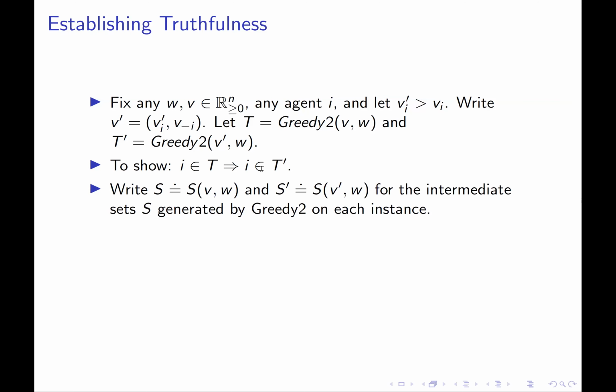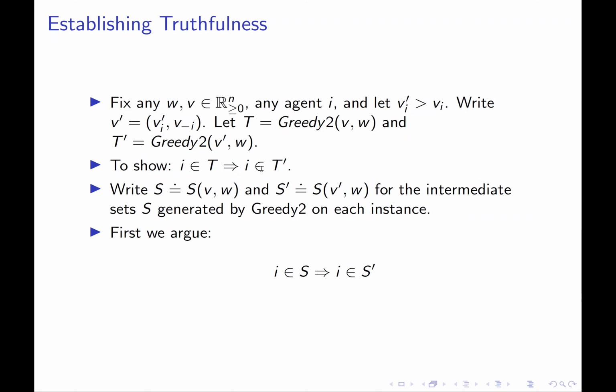Remember, the solution actually output at the end, T, doesn't have to be the same as S, because the last step of our algorithm decides to either output this set S or to output this singleton set containing the highest bidder. But I want to talk about these sets that are maintained in the algorithm, and S will be the name of the set that's maintained when bidder I reports truthfully, and S prime will be the name of the set that results when bidder I misreports his valuation upwards.